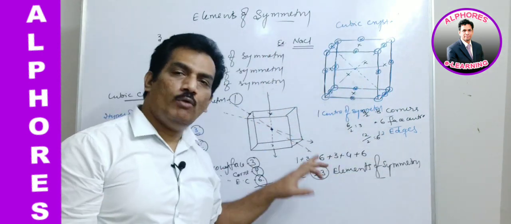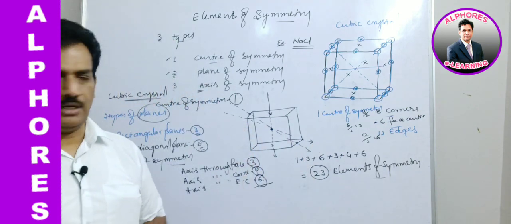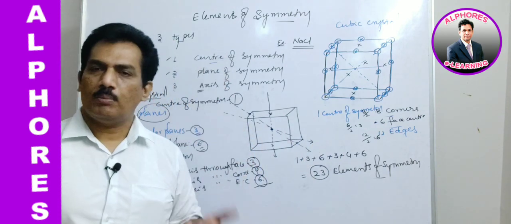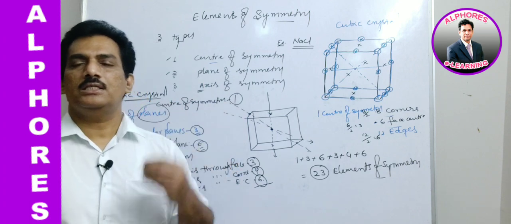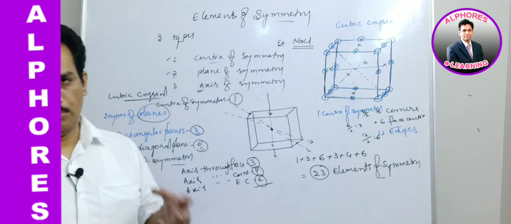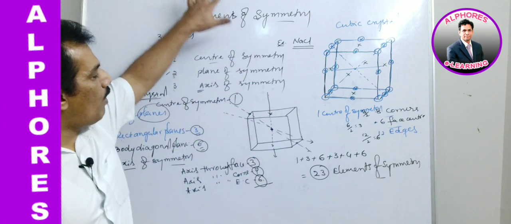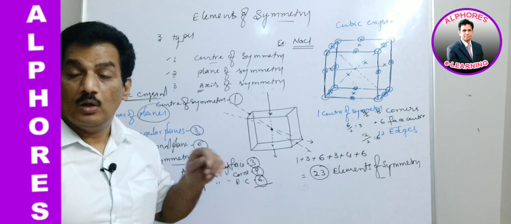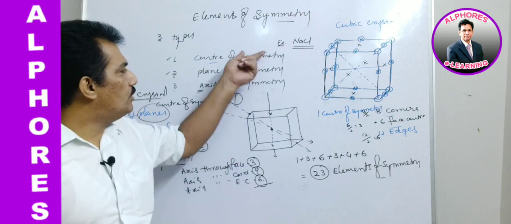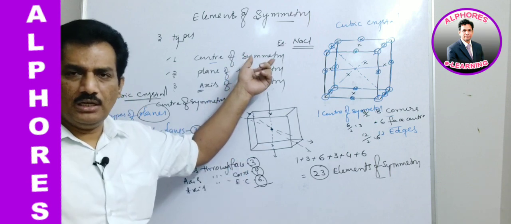So the presence of any one of these elements of symmetry, either a center or a plane or an axis, means the system is said to have symmetry. Even the presence of a center is sufficient to make it symmetric.